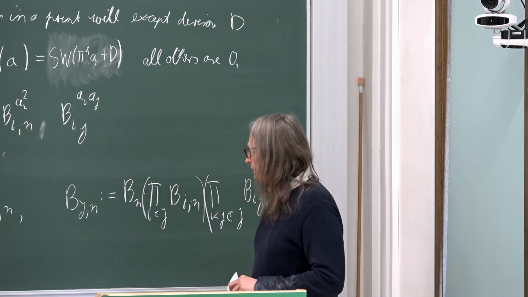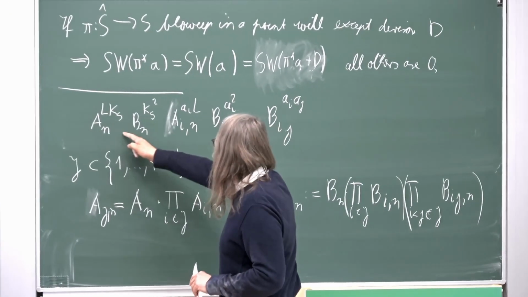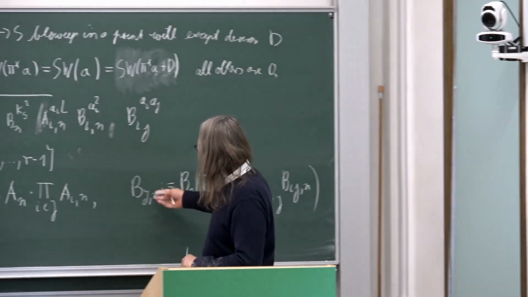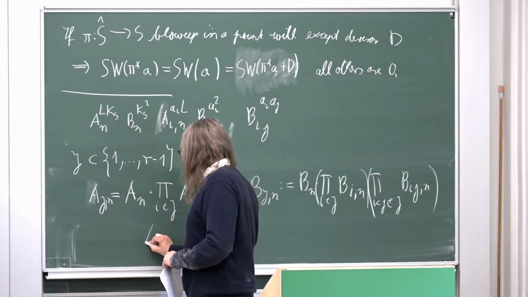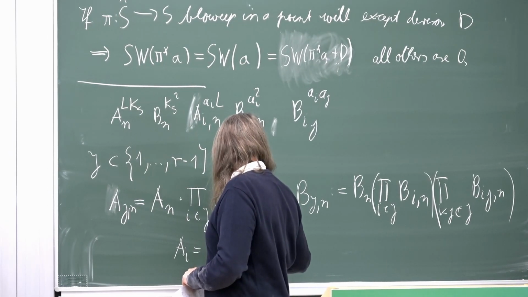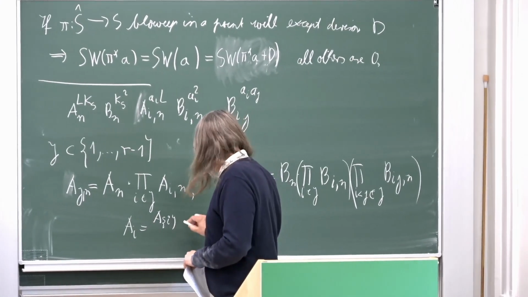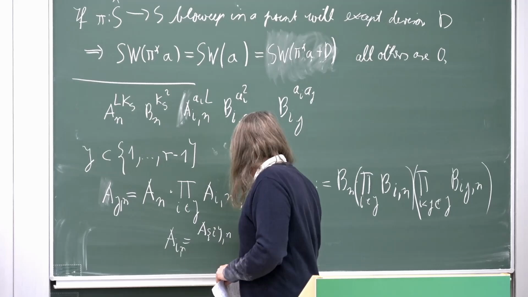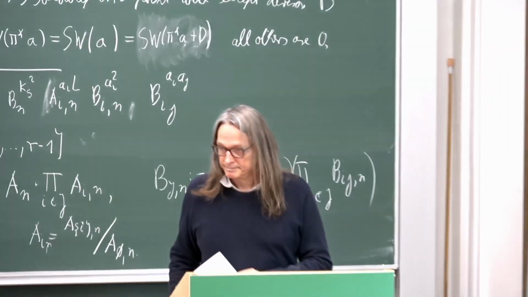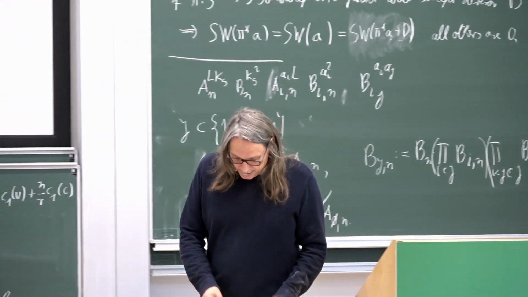And then knowing these is equivalent to knowing all these. Because I can obviously recover, for instance, A_I as A corresponding to I divided by A corresponding to the empty set.